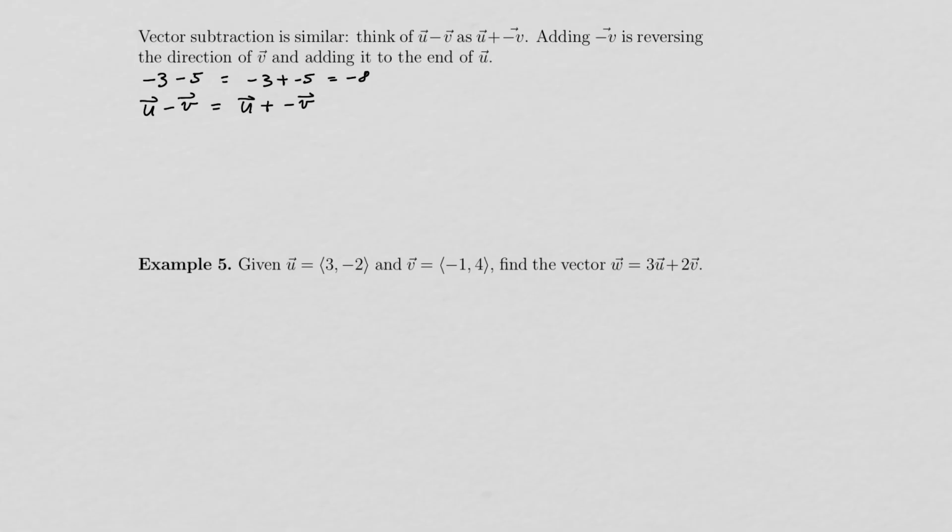So, for example, let's say u looks like this, and has components 3, 3. So it has an x component of 3 and a y component of 3: over 3, up 3. And then let's say v looks like this.